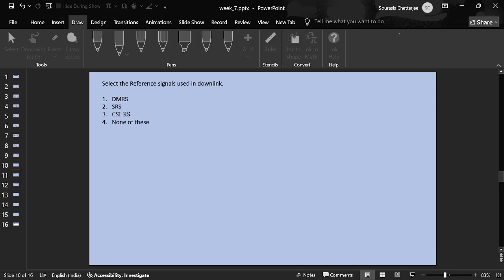So what are these things, by the way, this SRS, CSI-RS and DMRS? They are reference signals, of course, and they are kind of pilots, right? I mean, known at both user and base station end.